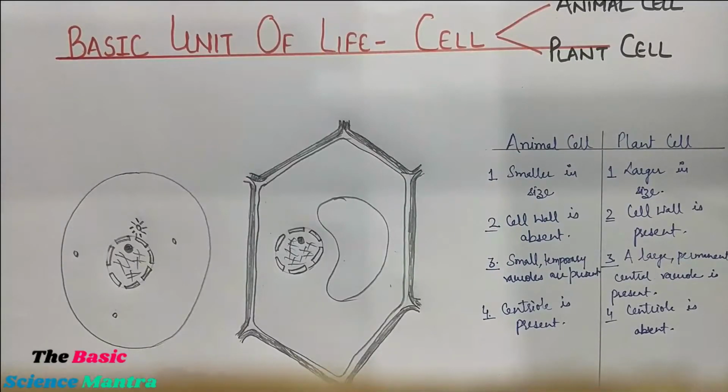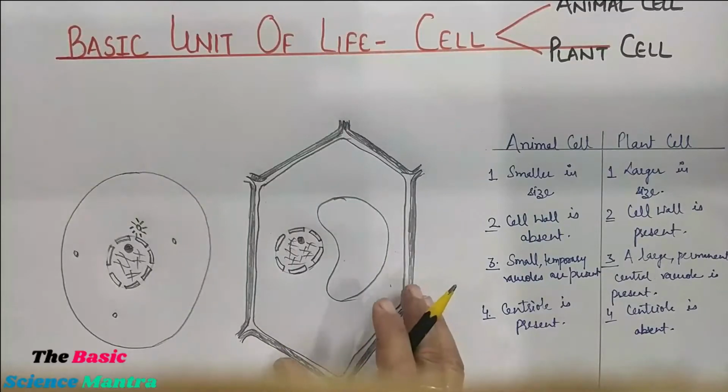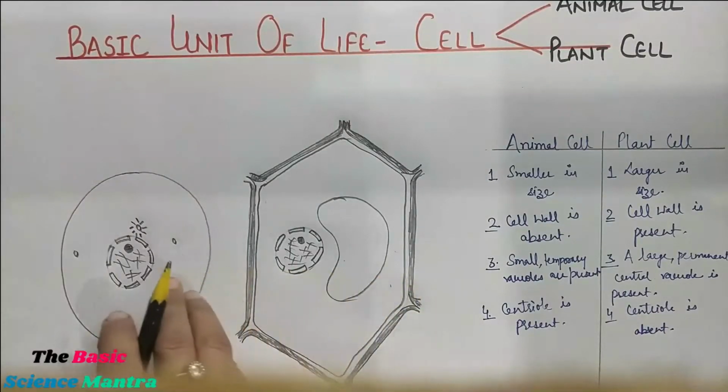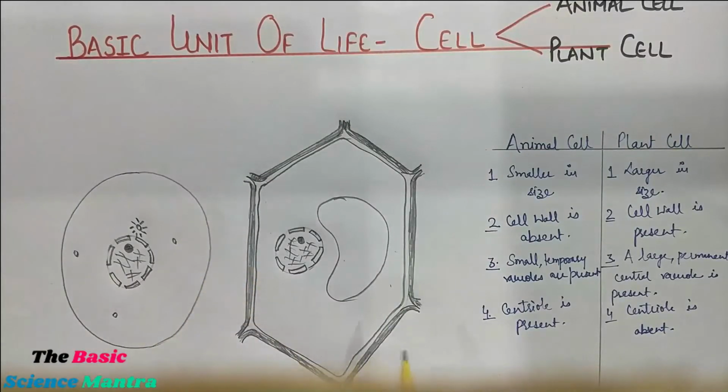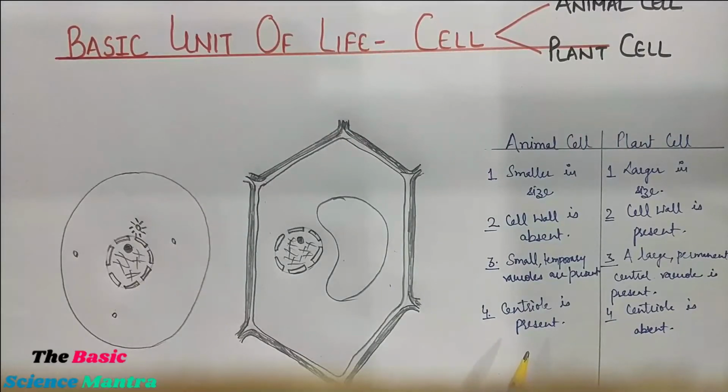Now the next difference is plastids. Plastids are present only in plant cells and absent in animal cells. Plastids include chloroplast and leucoplast; chloroplasts are responsible for photosynthesis. See the structure of chloroplast, they are double-walled structures.